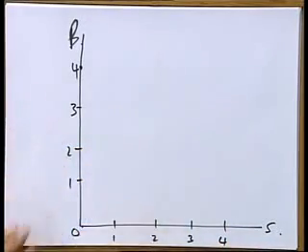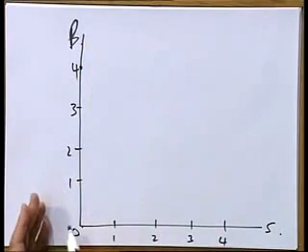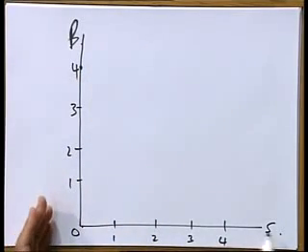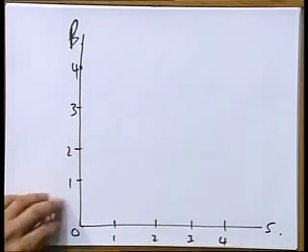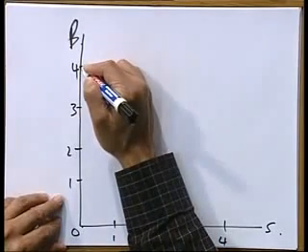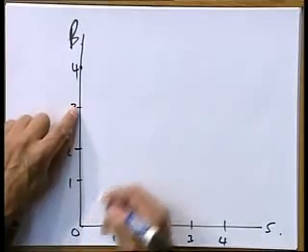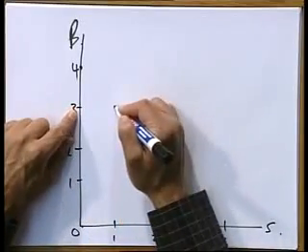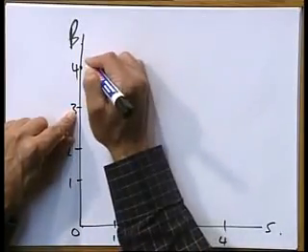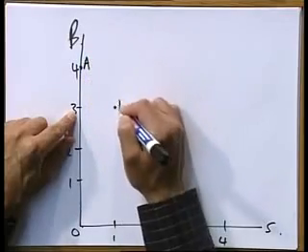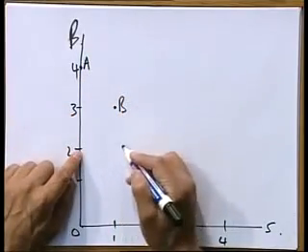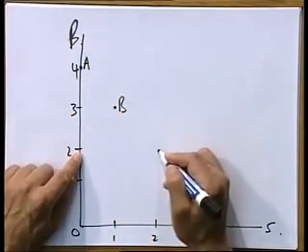So this is your vertical axis units and your horizontal axis. That is your thirds and this is your books. So when 4 books are being produced, 0 thirds are being produced. When 3 books are produced, then 1 third is being produced. So this is combination A, this is combination B. When 2 books are being produced, 2 thirds are being produced.